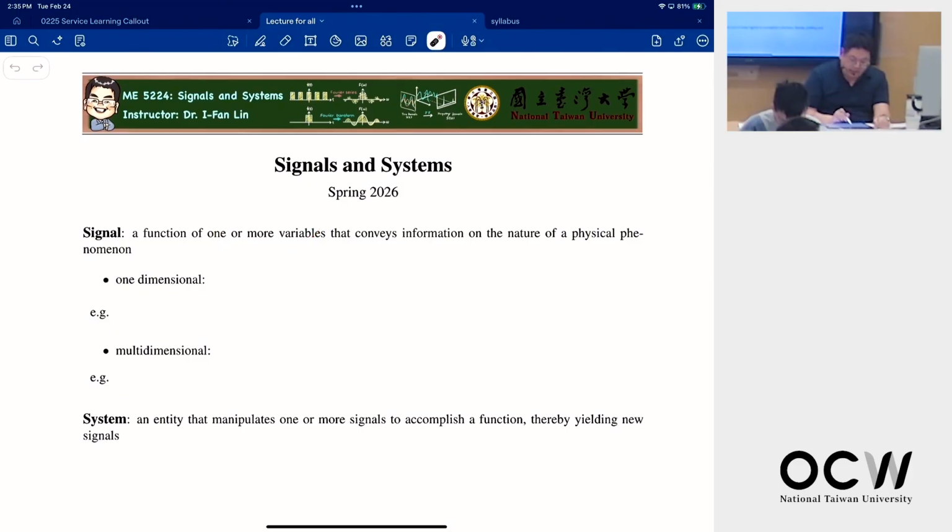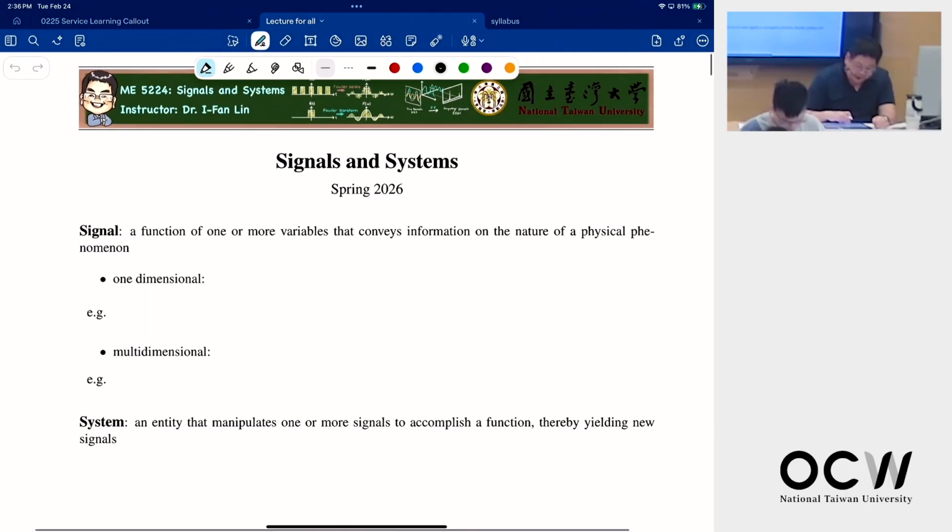And this function can convey information on the nature of a physical phenomenon, like the sound signals, the light signals. And for the signal with one variable, we have one-dimensional signals.